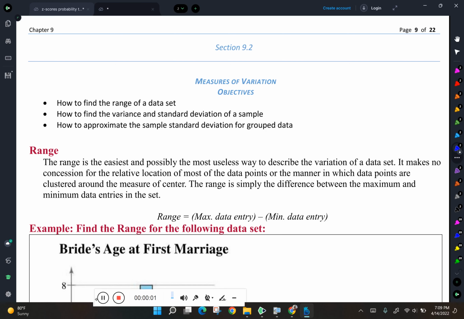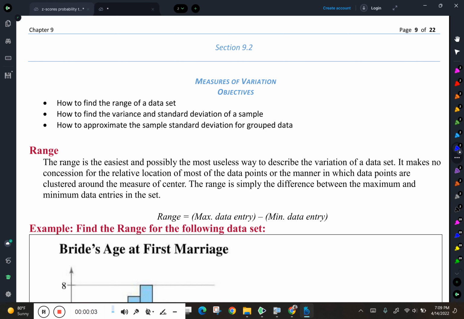Okay, so welcome to section 9.2. In this section, we're going to take a look at something called measures of variation. The idea behind measures of variation is that in section 9.1, we took a look at measures of center.